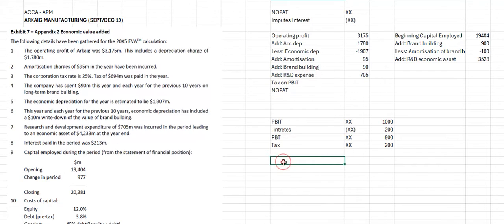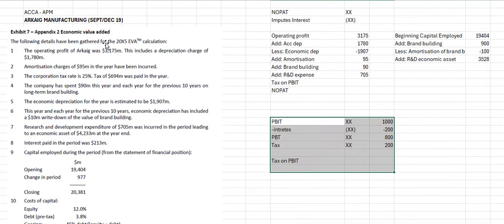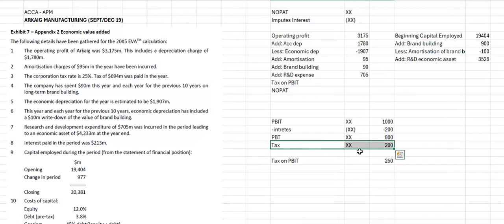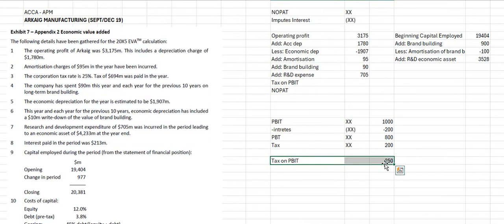What I'm doing here is just an example, not related to this question. Tax on PBIT is this into 25%. Now look at this. The tax paid is 200, but the tax on PBIT is 250.